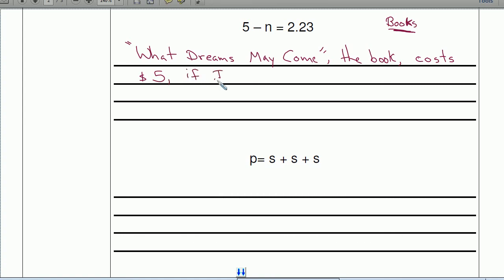If I paid only $2.23, how much money did I save? Because this is the cost of the book, this is the sale price.